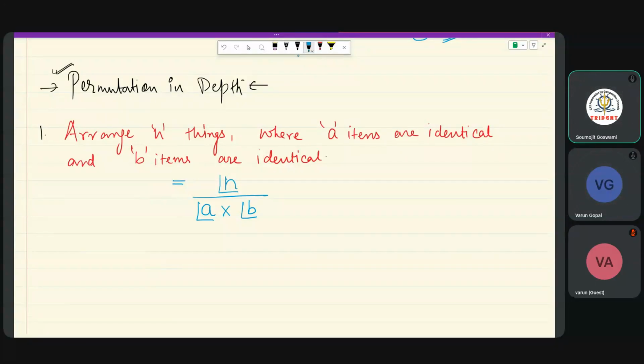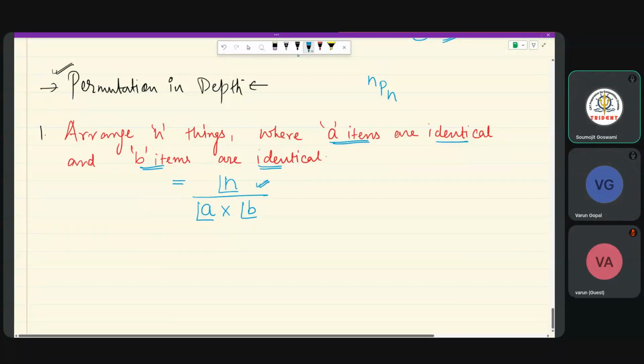Guys, please pay attention. N things from n things. So ideally, I am considering the case of NPN, but here, out of those n things, to compensate for the multiples, we have to divide: factorial n by factorial a into factorial b.